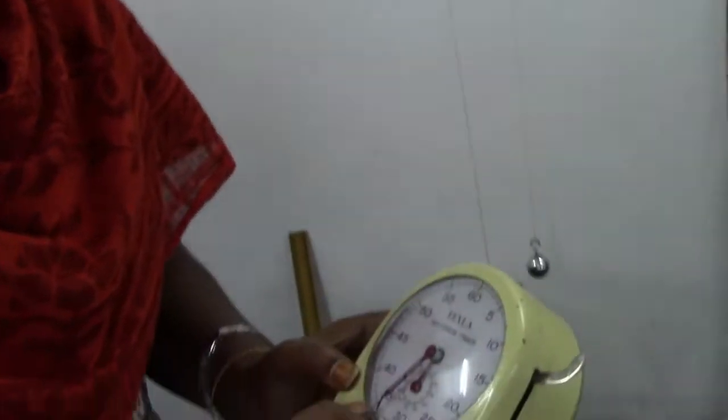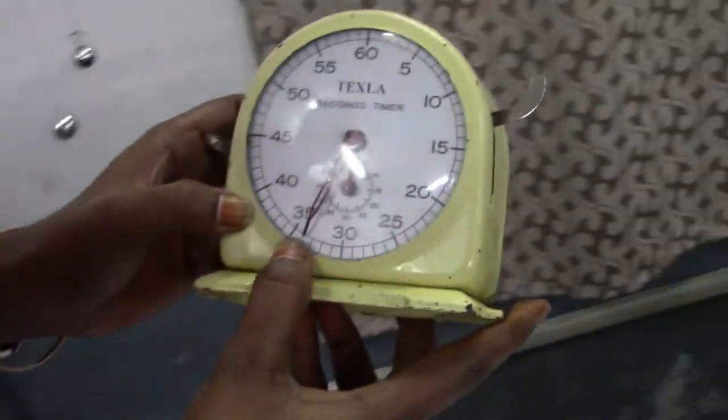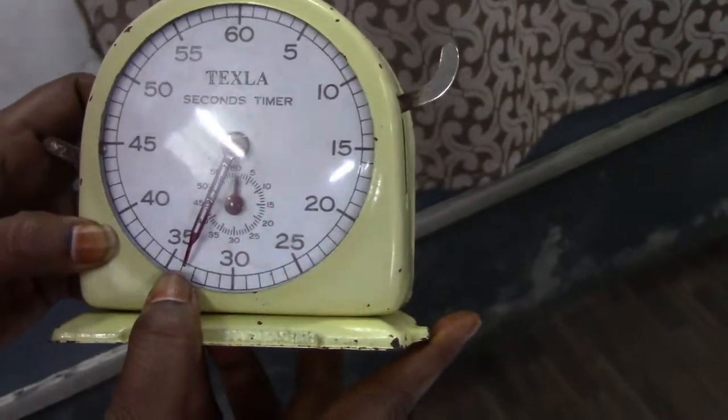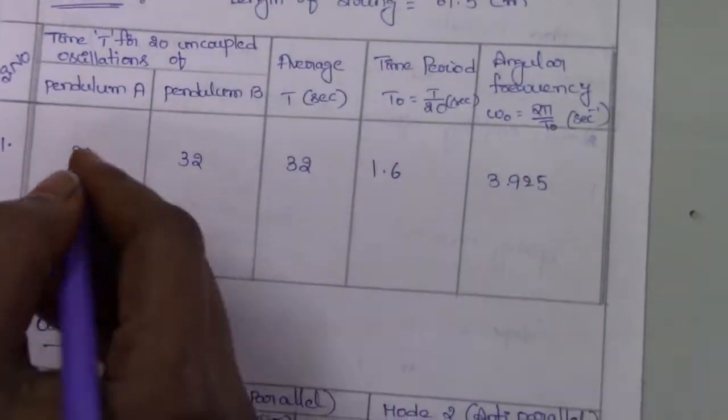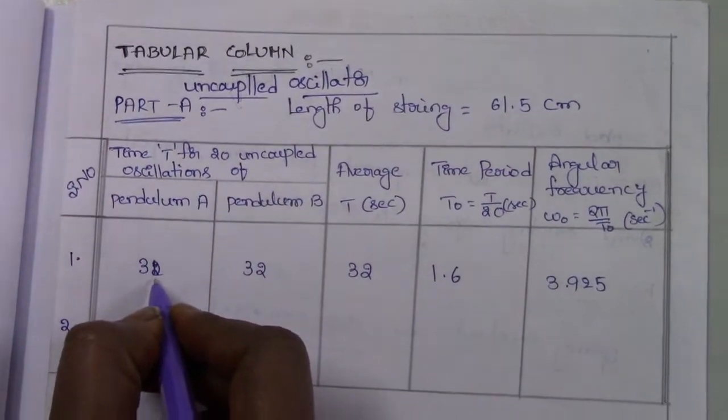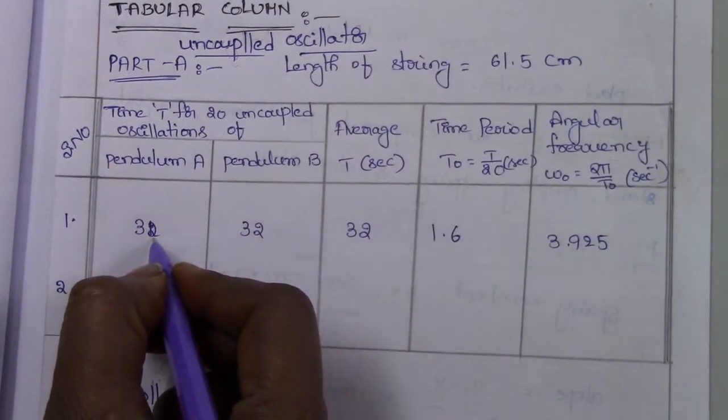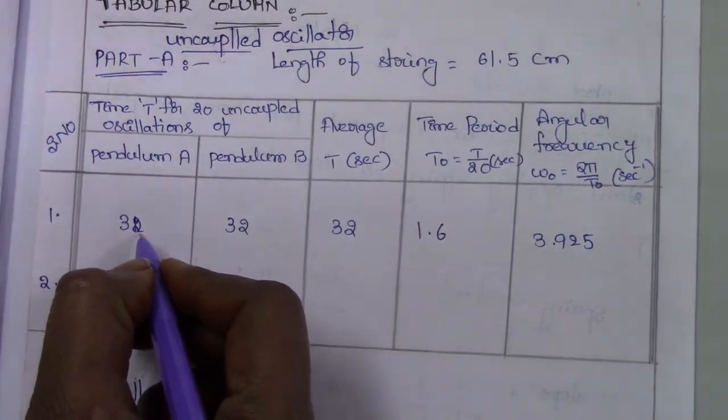Write down the time period. Here I got around 33.5, around 34 seconds I can take. Already we have taken these readings. I am showing you the same readings here. Around 32 seconds I got for pendulum A when I kept my pendulum B as constant.